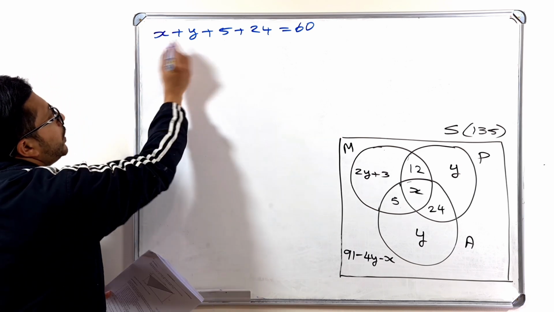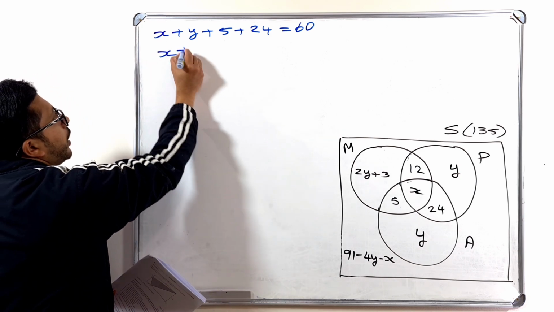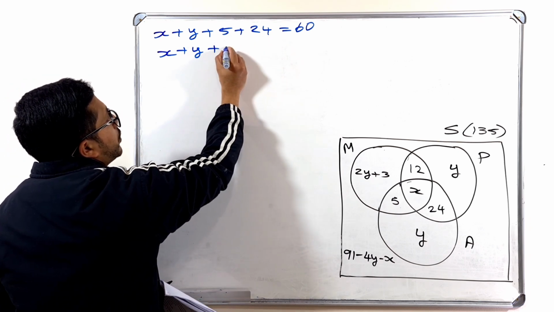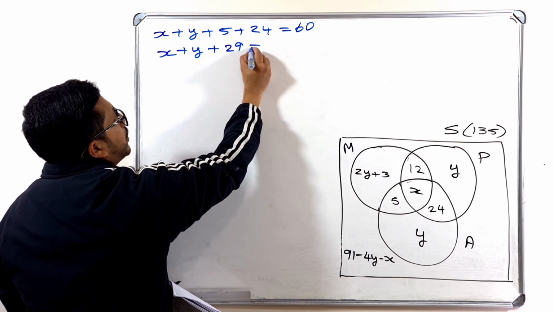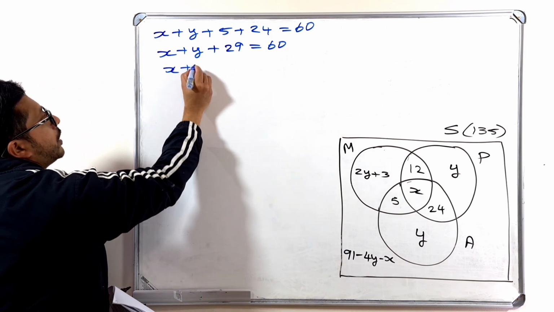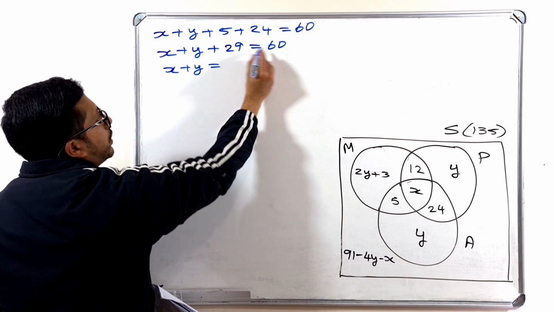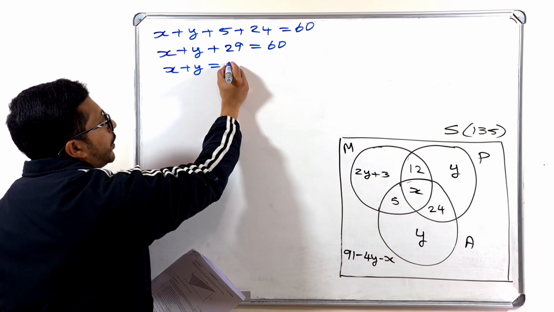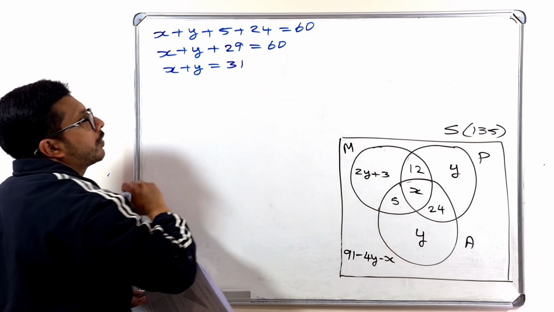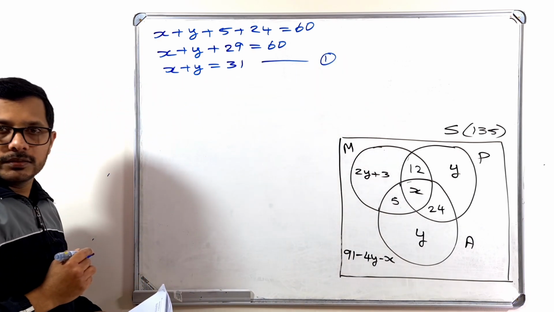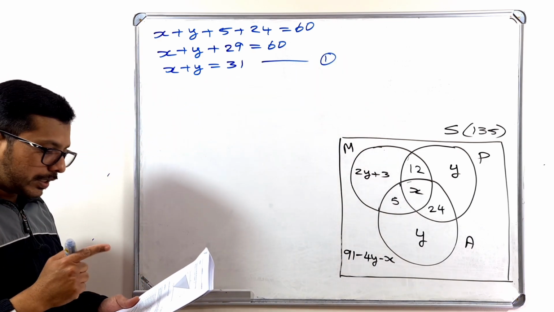So from here, x plus y plus 24 plus 5, which is 29, is equal to 60. So x plus y is 60 minus 29, which is 31. I call that equation number 1, from that second last expression.